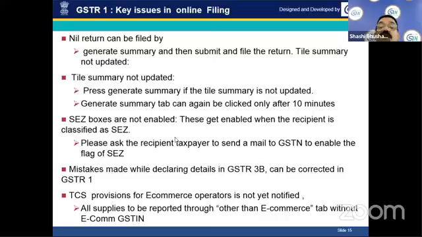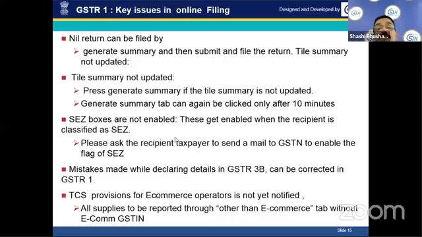So what has been done is that a mail was sent to those who had SEZ as the principal place of business and nature of business, with the request that if they don't send back any reply, their flag will be made SEZ.